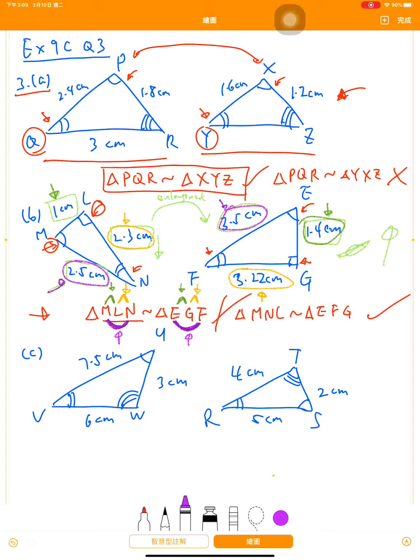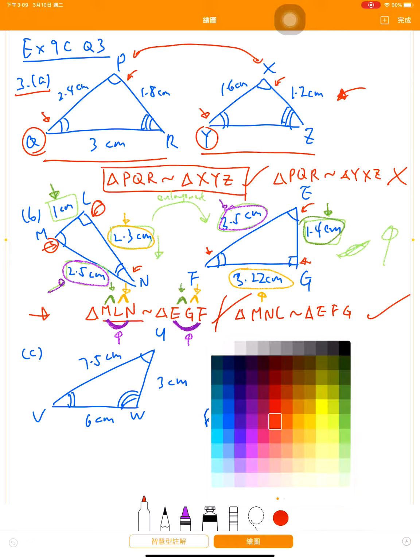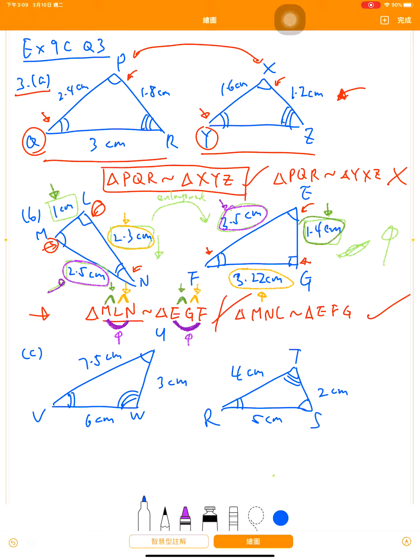That is, the longest will still be the longest side, the shortest will be the shortest side. Understand? So there is another way to look for which point corresponds to which point. Some of you may say, oh, using the angle to compare will be easier, then you can use the angle. But sometimes in some questions later on, you can only use the size to compare, then you can use this method.